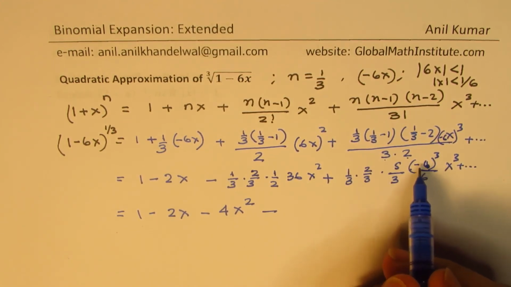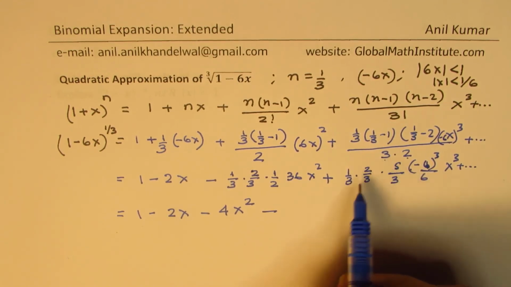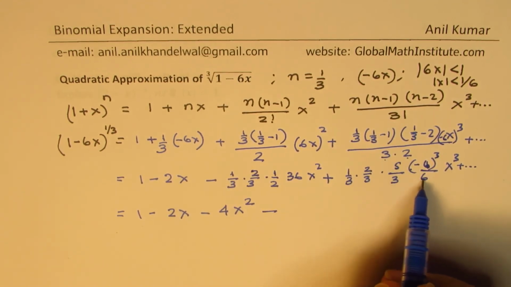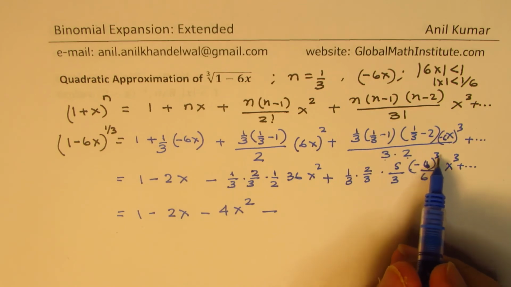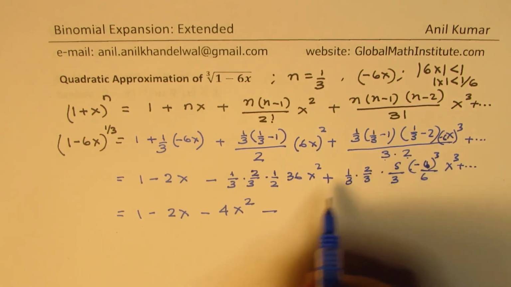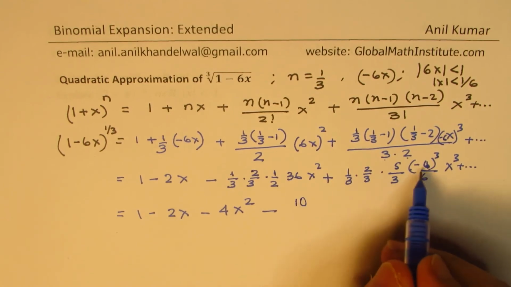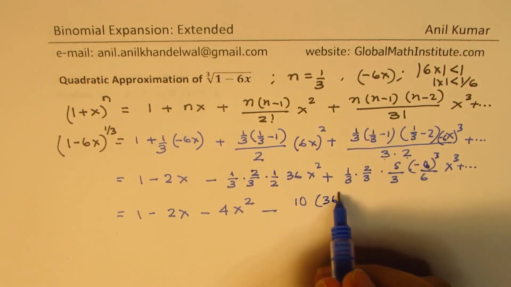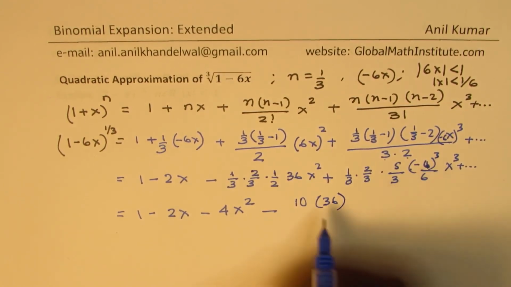That 6 goes here, so we will rewrite this. So 3, 3, 6. So we are left with 36, and divided by, let's do it like this. We have 2 times 3 as 10, and then we have 36. This 6 cancels, right?